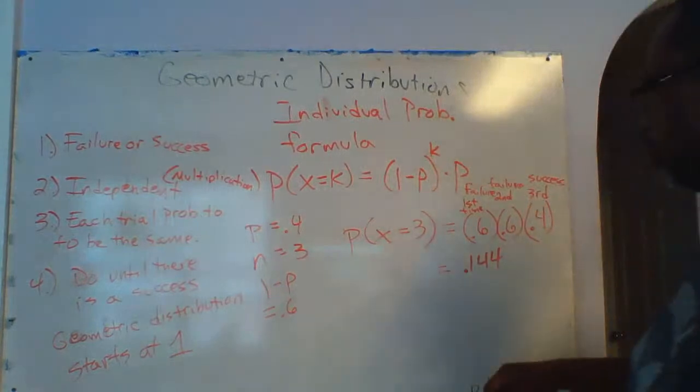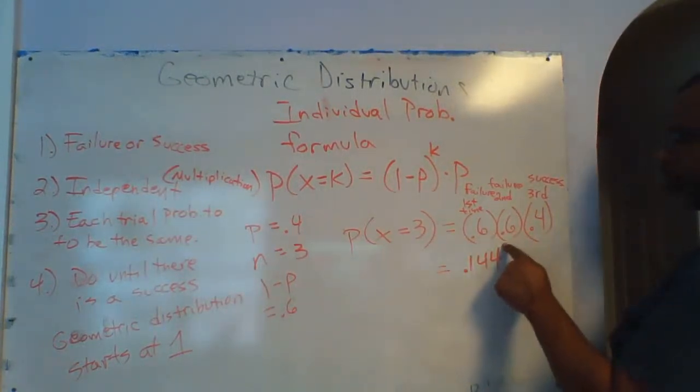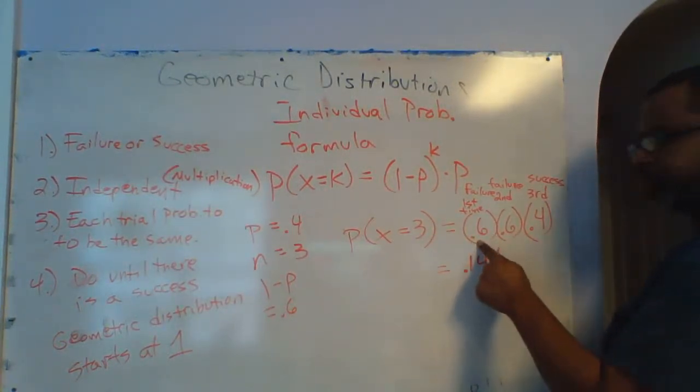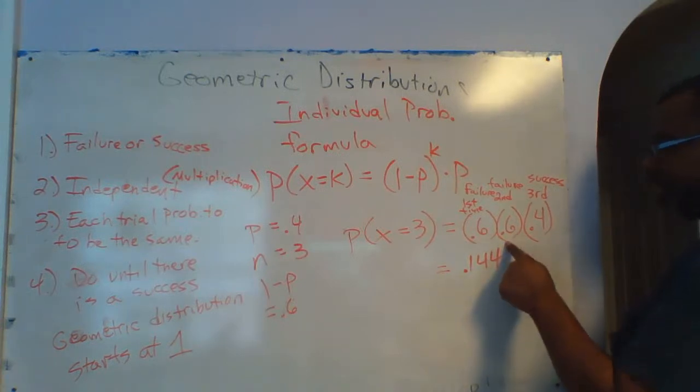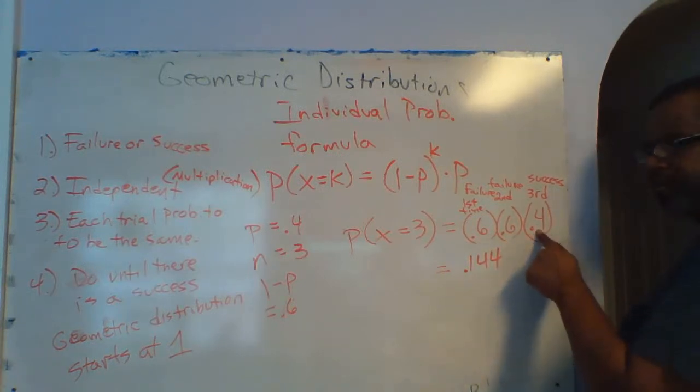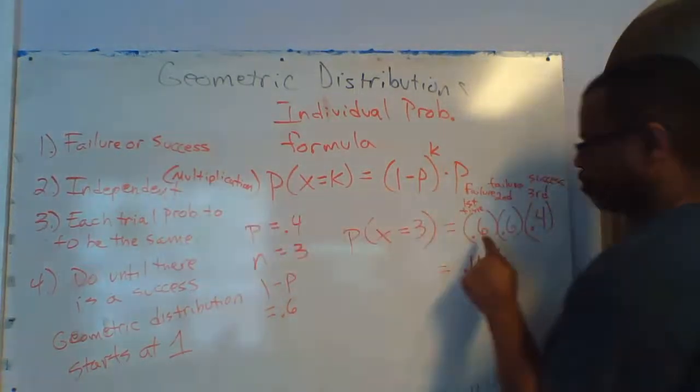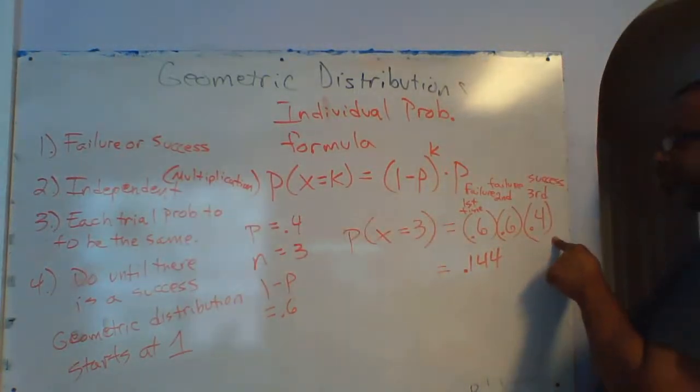It is 3. 1, 2, 3. Fail the first time, fail the second time, success the third time. Since it's independent, you're going to multiply all the probabilities for each one of them.